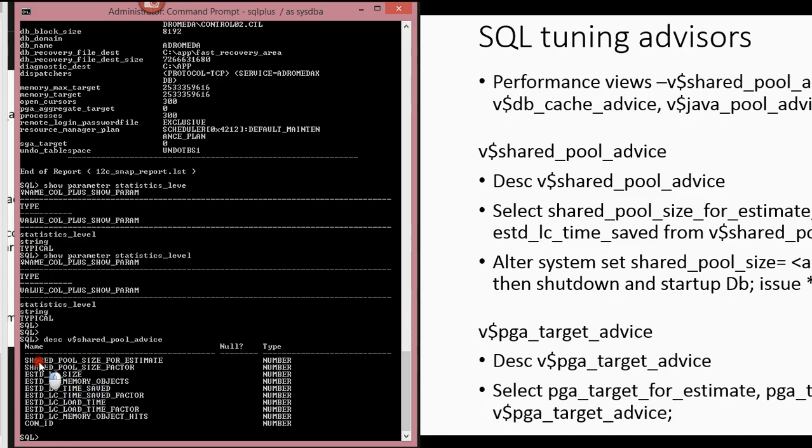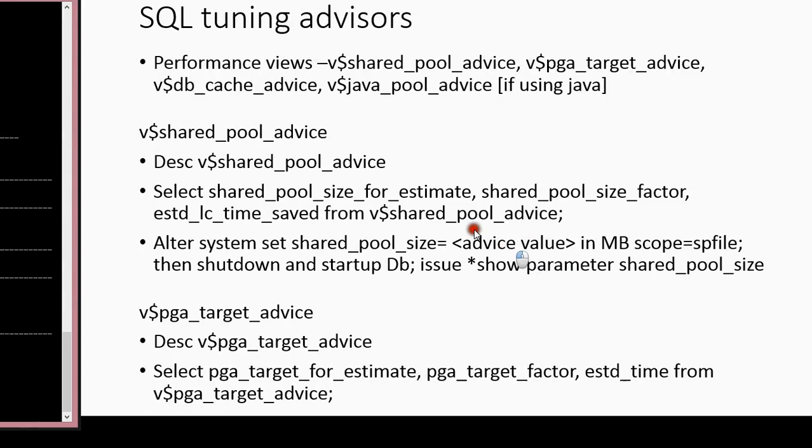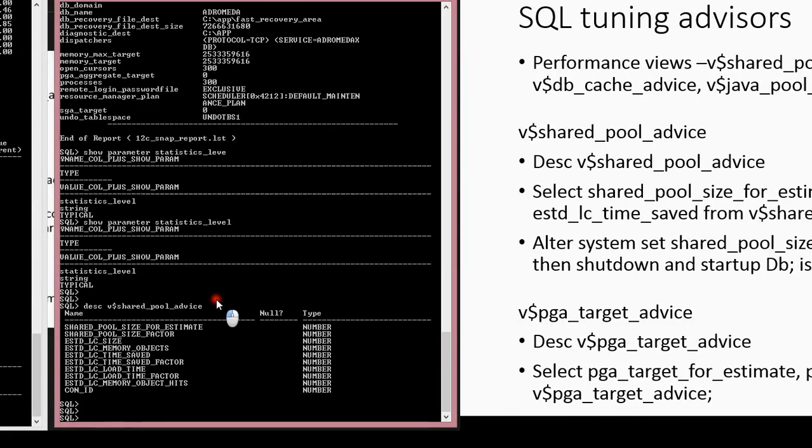After I run this command, I'm able to see what the structure is for this performance view table. So what I'll do now is look at three columns that will help me have the right setting for my shared pool. I'm going to issue this command: select shared_pool_size_for_estimate, and then shared_pool_size_factor.